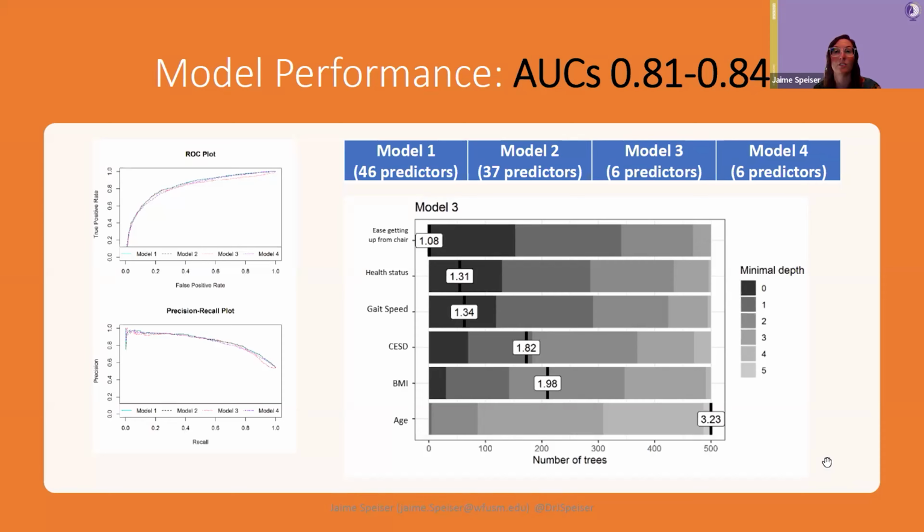The areas under the receiver operating curves were 0.81 to 0.84, and all of the confidence intervals overlapped, as you can see in these plots. So we were very encouraged with this prediction model and hope it can be useful for potentially finding older adults who may be at risk for mobility limitation in the future.